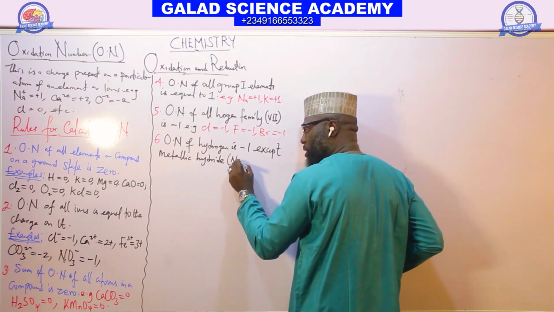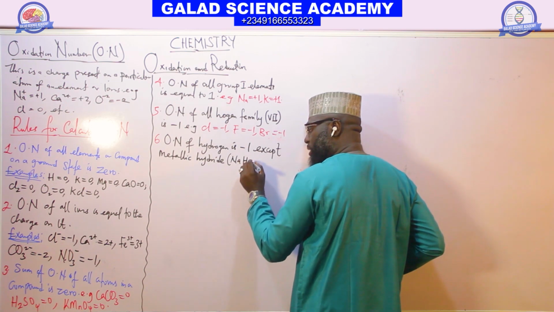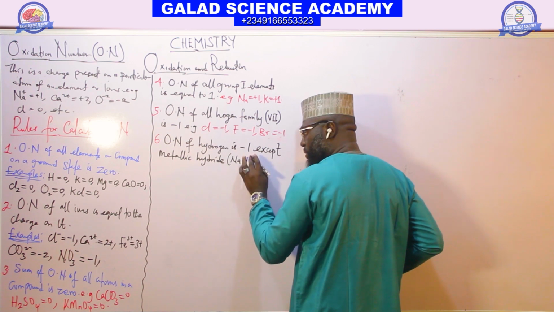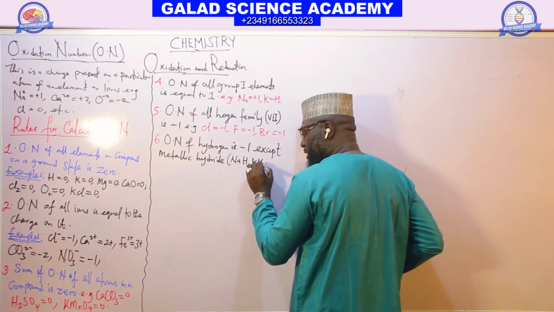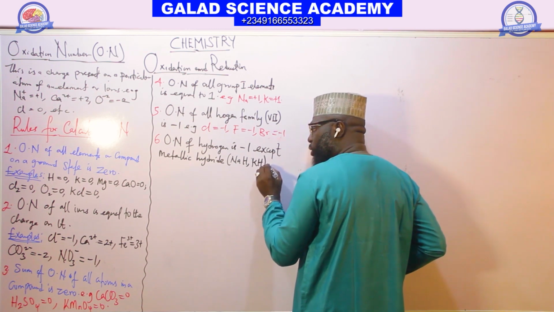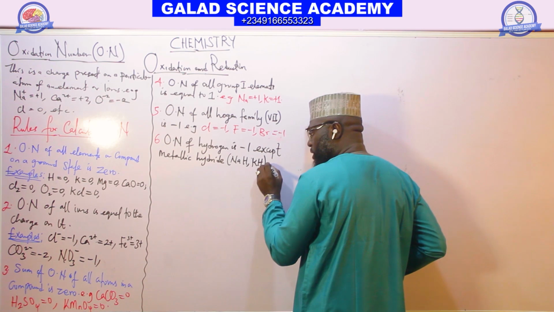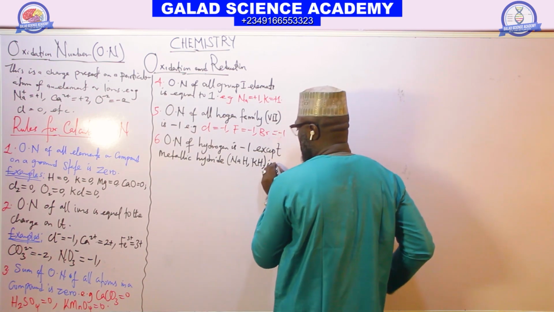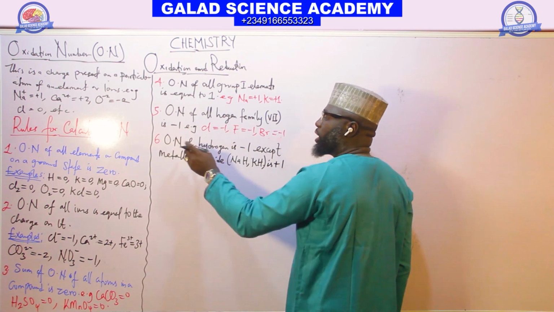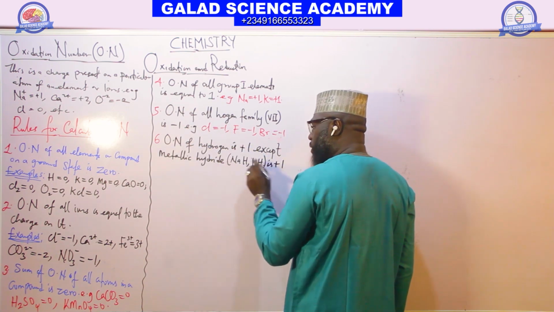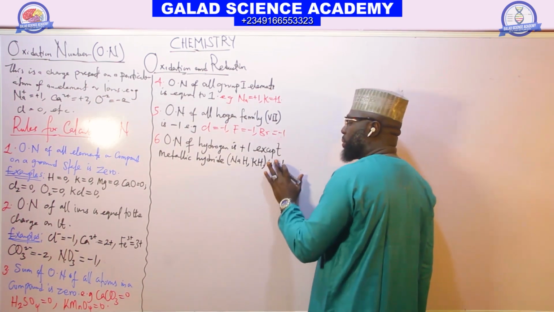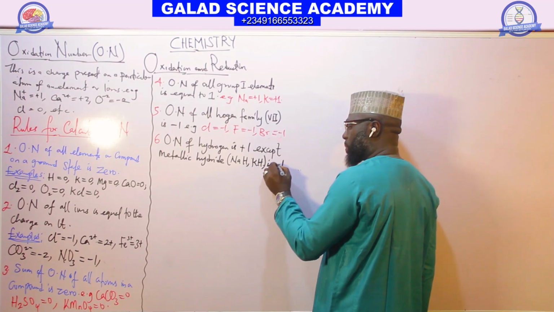Like what? Sodium hydride, potassium hydride, calcium hydride. Hydrogen is +1 normally, but in metallic hydride it is minus 1.